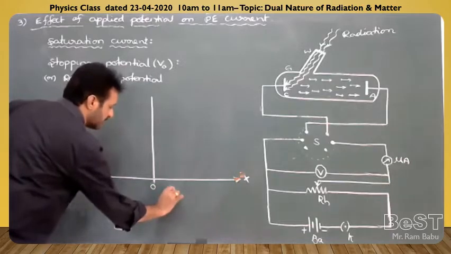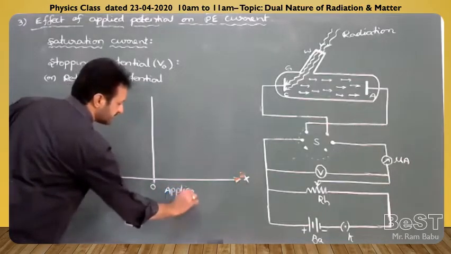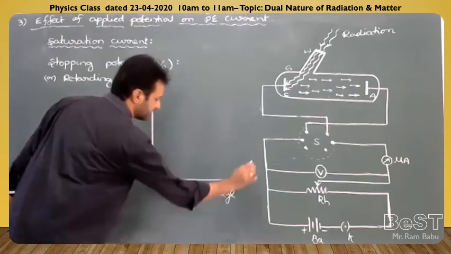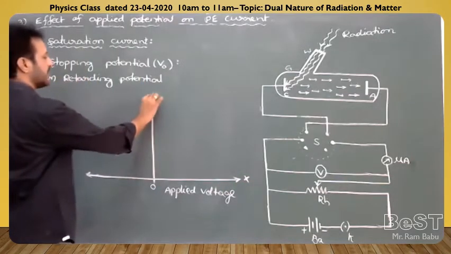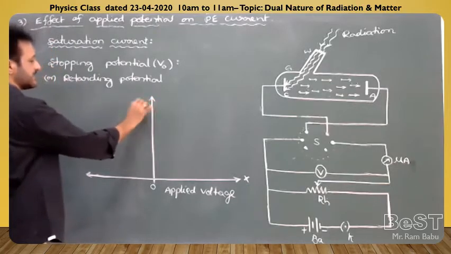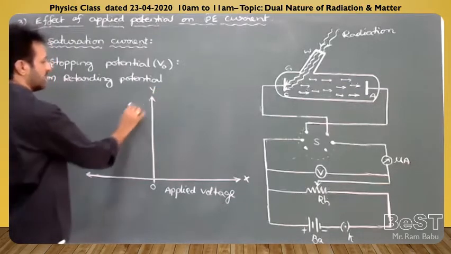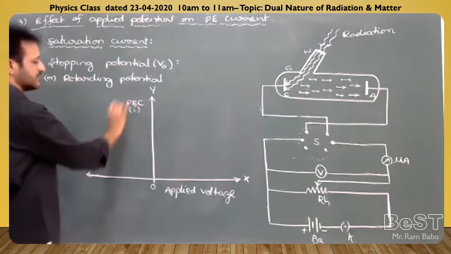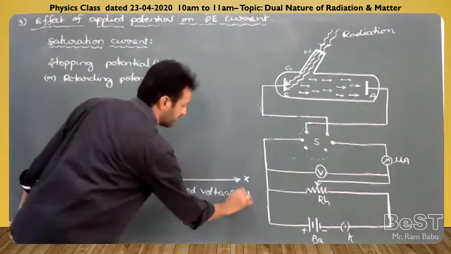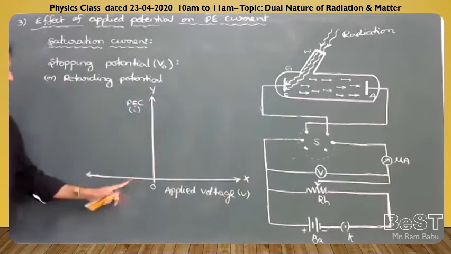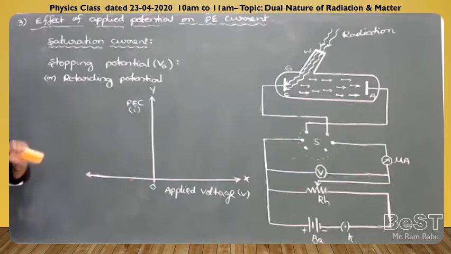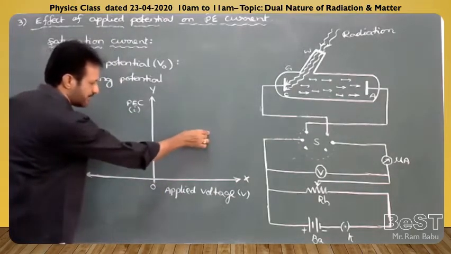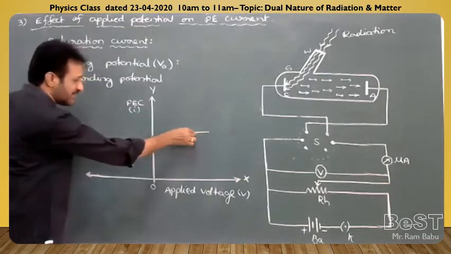So it is the applied voltage or applied potential, V, on the x-axis, and the photoelectric current I is taken on the y-axis. At a particular intensity of the light, the graph I am drawing like this. It is equal to saturation current.